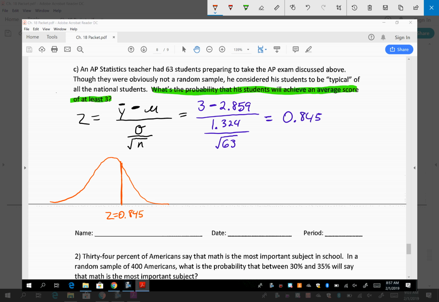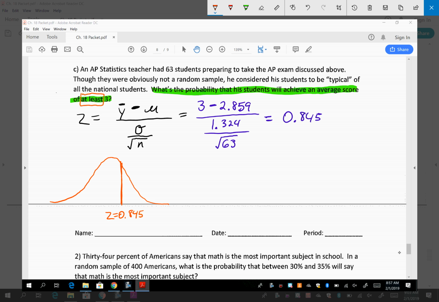Now, there was a key phrase in the problem that's going to tell me where I should shade. At least. Very good. You see, at least? That means 3 or higher.